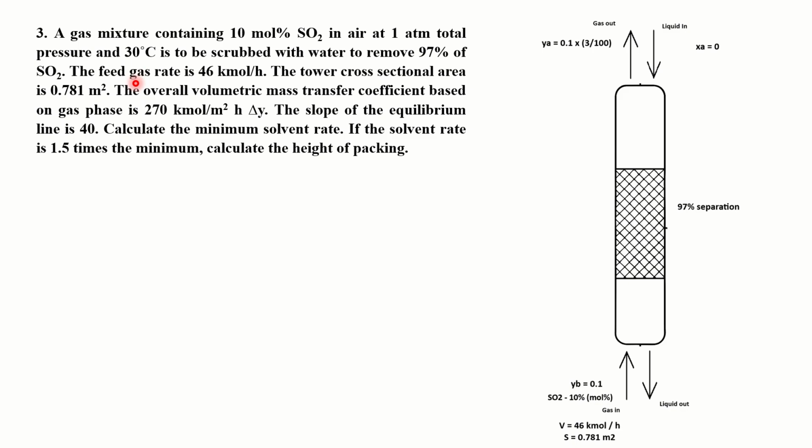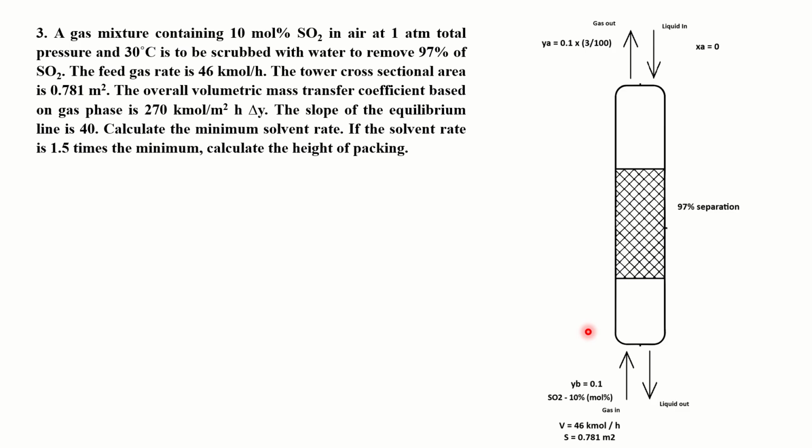We are given the concentration of sulfur dioxide in the inlet gas stream, how much separation is expected, the feed gas rate, that is the inlet gas flow rate, and the tower cross-sectional area. Also the volumetric mass transfer coefficient based on gas phase, the slope of the equilibrium line, and the solvent rate condition. These are given in the problem and we are asked to find the height of packing.